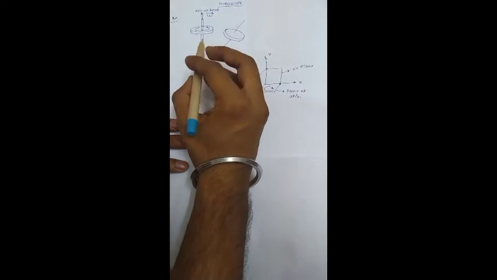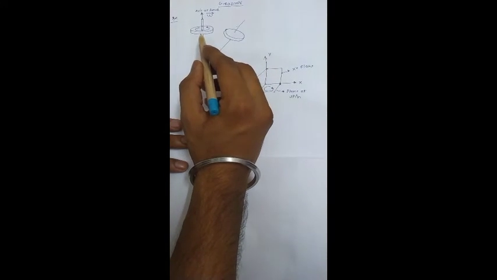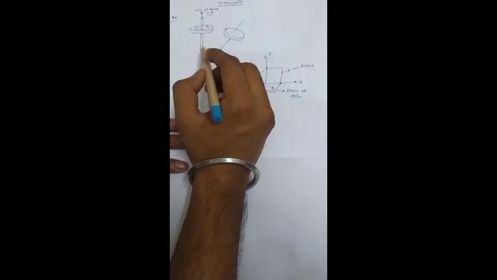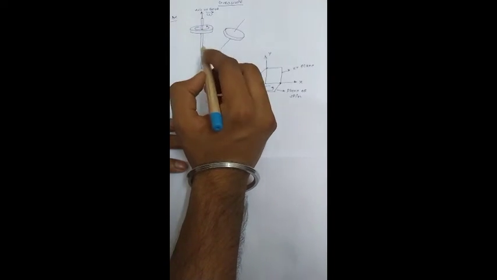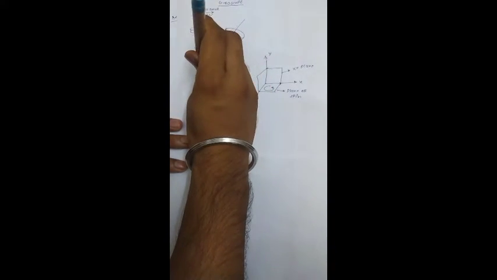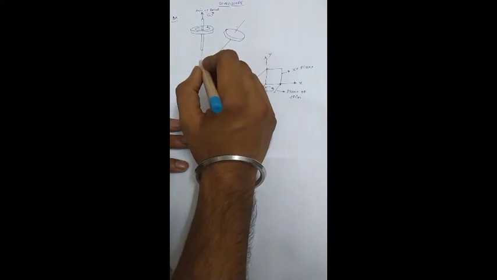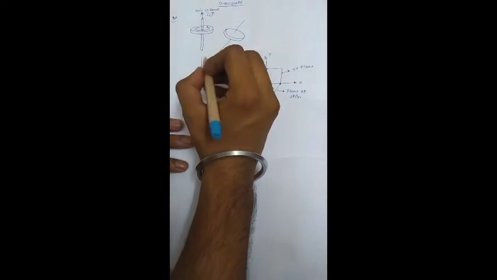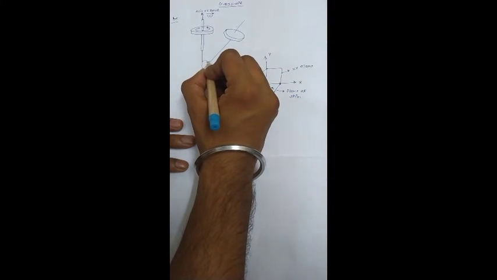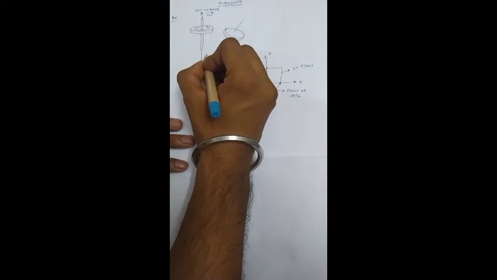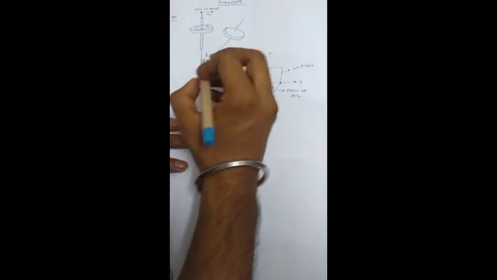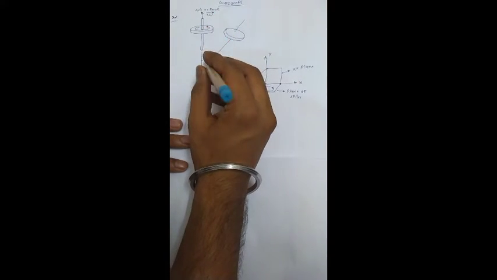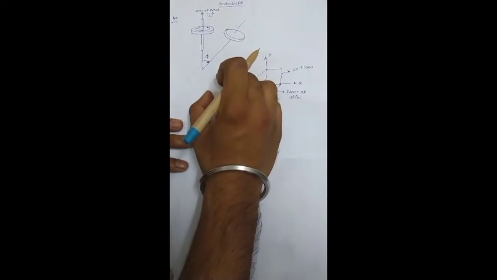Now we can clearly see here that this rotor is rotating about the z-axis, that is, towards you or perpendicular to the paper. So it is rotating about the z-axis, the axis perpendicular to the plane of paper.